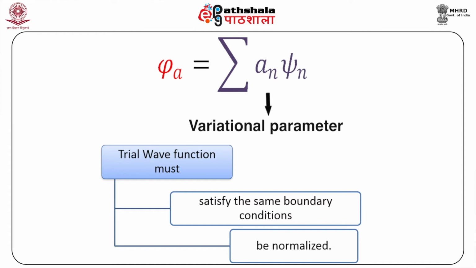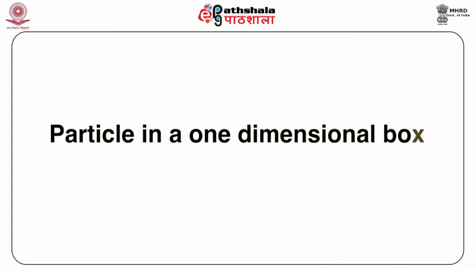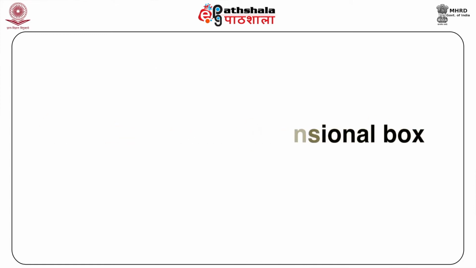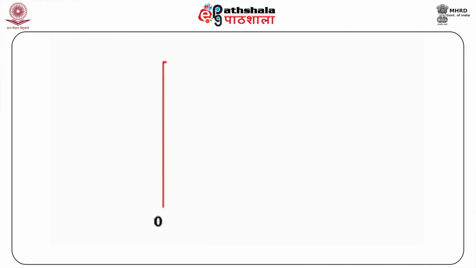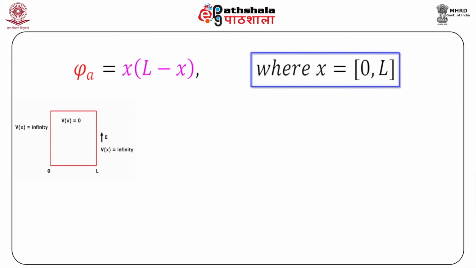Moving further, we now study the simplest application of the variation method, that is, let us try to solve the case of a particle in a one-dimensional box using the variation method. Consider a trial function for the given problem as given in equation 3, that is psi a is equal to x into L minus x, where the lower and upper bounds for x are 0 to L, that is the length of the box.